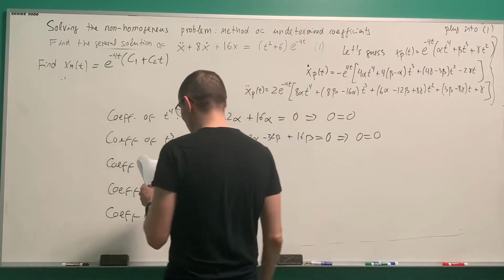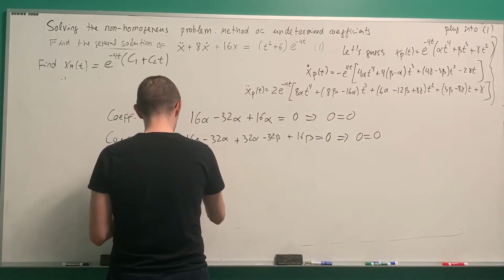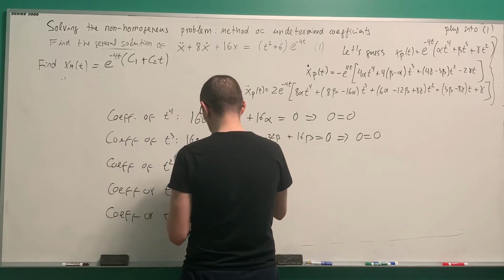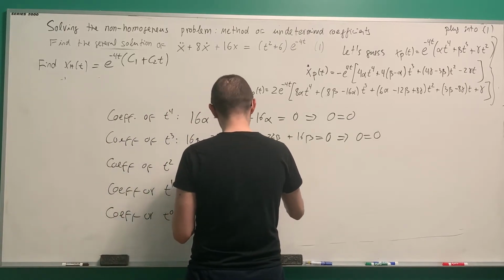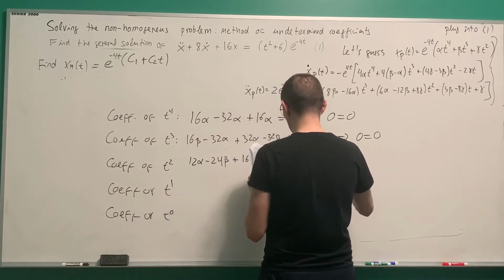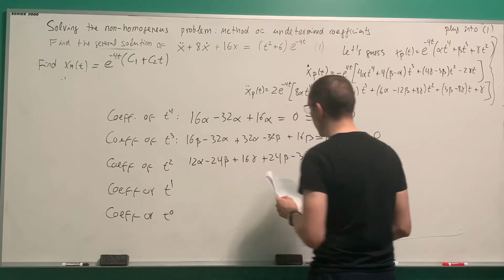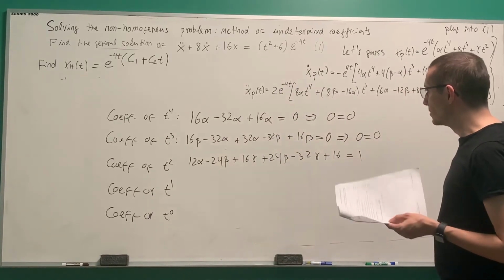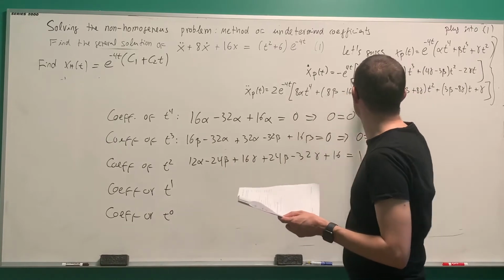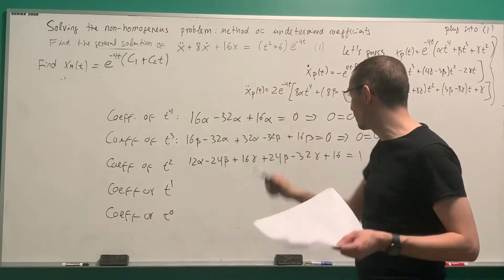With the coefficients of t squared, we get 12 alpha minus 24 beta plus 16 gamma plus 24 beta minus 32 gamma plus 16 gamma equals 1. All right, wonderful. So the nice thing about this, I'm writing all the coefficients without summing them because this is literally what you get when you substitute and you group.